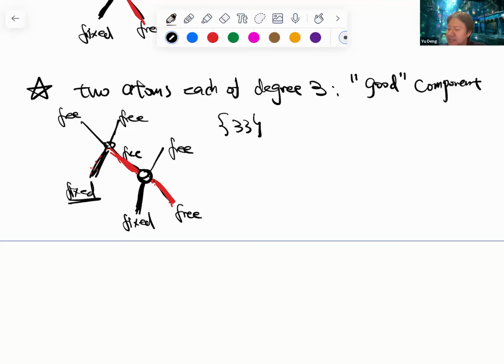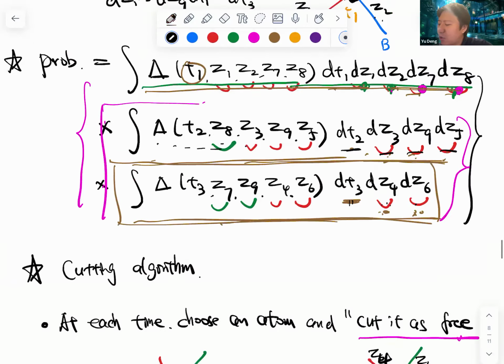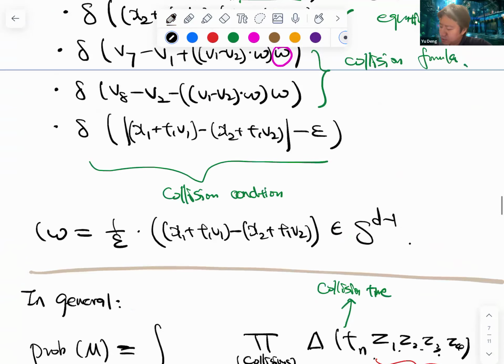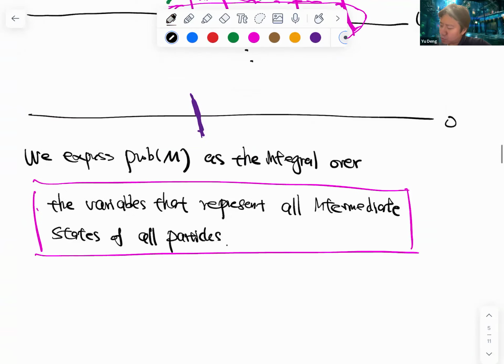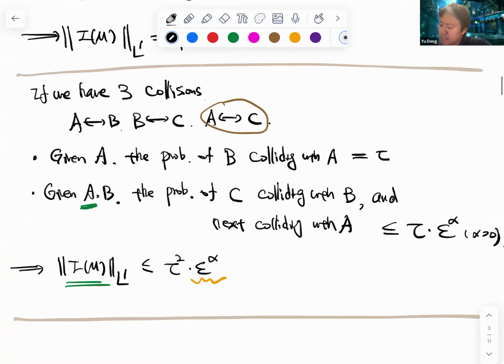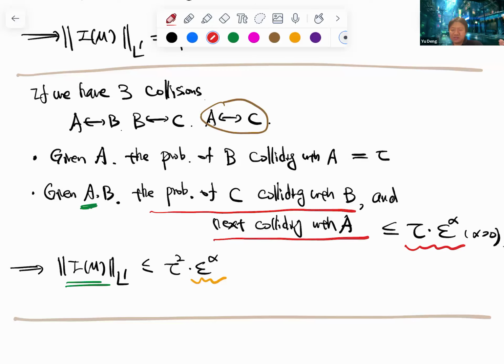You see, this is precisely the case we are dealing with in our very first toy model, that we have this particle C here that not only collides with B, but after colliding with B, it again needs to collide with A. Okay, and this will give you a positive power in epsilon, because this thing is not going to happen every day.